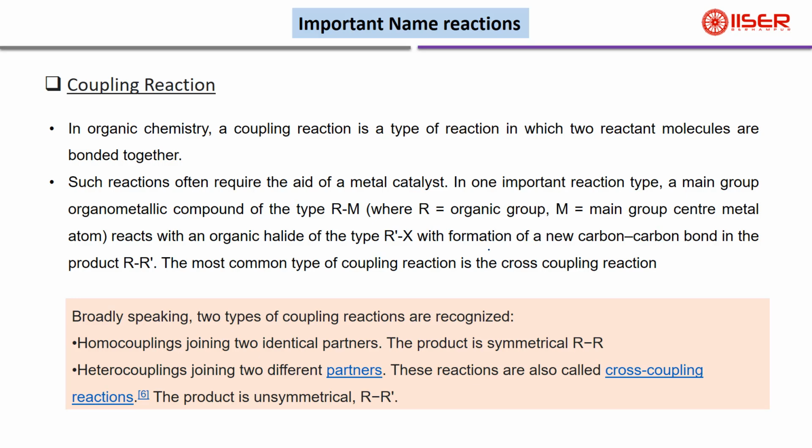The most common type of coupling reaction is the cross-coupling reaction. Broadly speaking, there are two types of coupling reaction: one is homocoupling, another is heterocoupling. Homocoupling means the two coupling partners are identical. If the two coupling partners are not identical, then that is called heterocoupling.